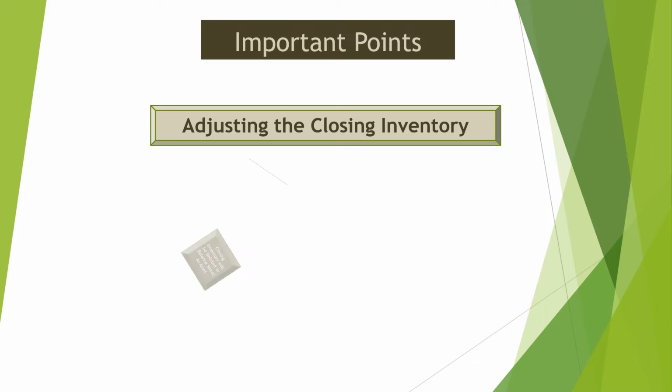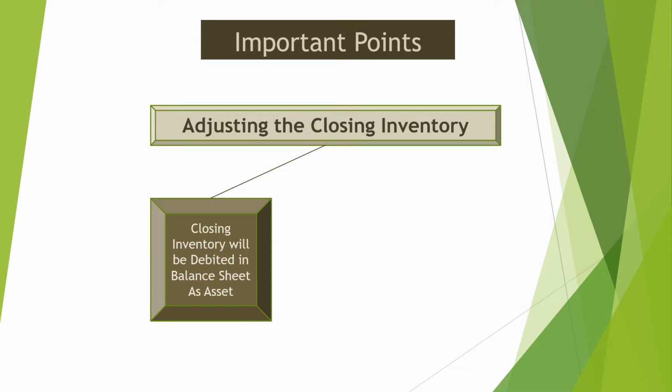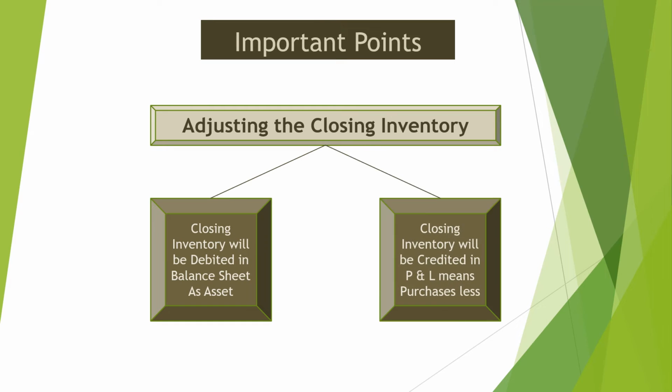The entry would be: closing inventory will be debited in the balance sheet as an asset, and the closing inventory will be credited in P&L, meaning purchases less.